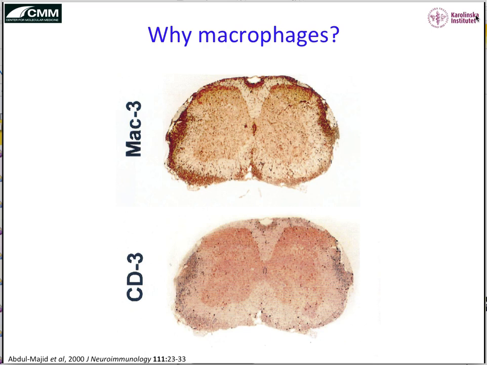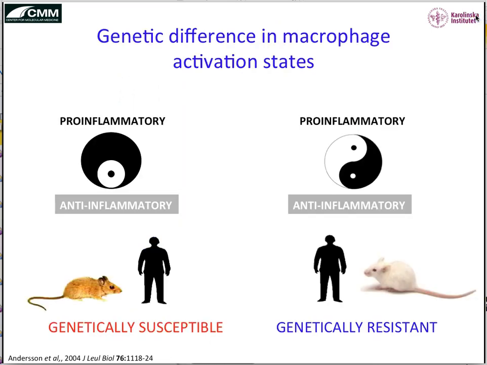However, in the upper picture you see staining for macrophages, and there are hundreds of them invading the central nervous system tissue. It is their activity that leads to tissue destruction, as they have a pro-inflammatory phenotype in this setting, and that is why we consider that taming the actions of these monocytes macrophages is the key to efficient immunotherapy.